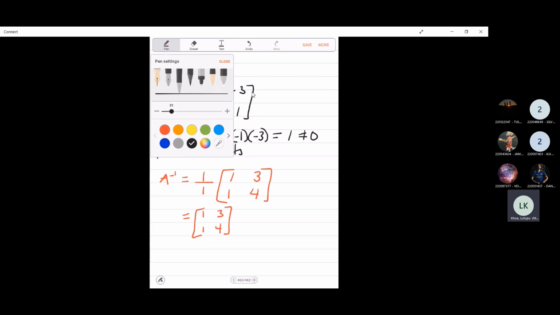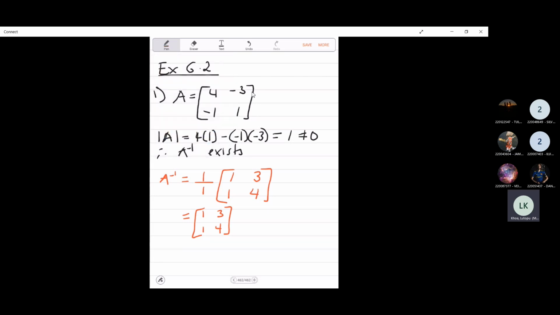So when we do that, we come up with the augmented matrix. We have 4, minus 3, minus 1, 1, and then we have our identity matrix here. So we want to make this one here a 0.